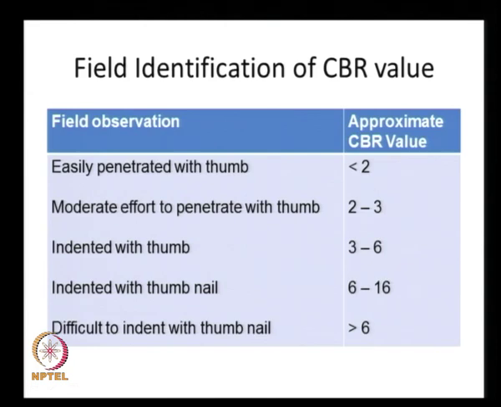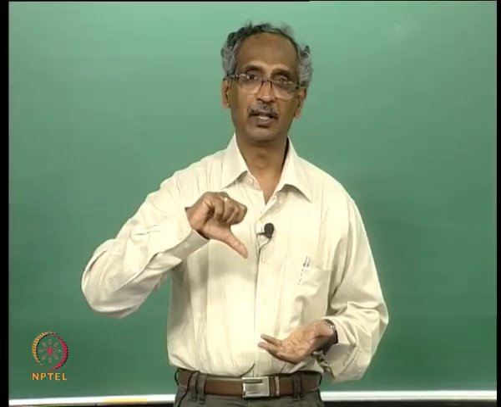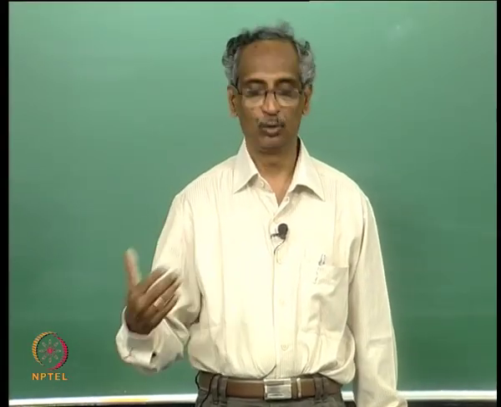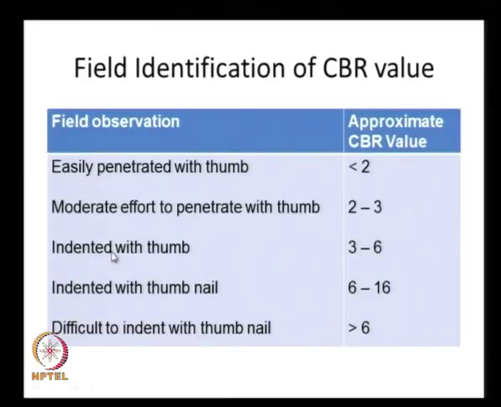and if we have to exert some moderate pressure to penetrate our thumb, the CBR value could be anywhere in the range of 2 to 3, and when we try to penetrate our thumb and are able to make only a small indentation, the CBR value could be anywhere from 3 to 6.